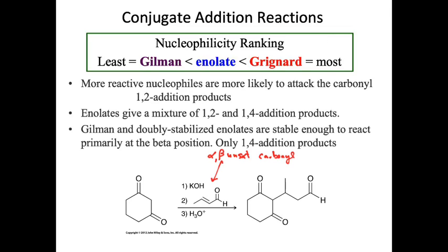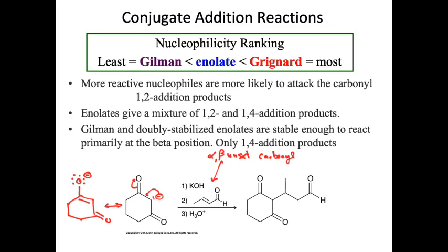Very first thing we throw at it is base. What's it going to do? Pull off an acidic hydrogen to make that nucleophile, which is stable because of resonance. What did I just say do not form? An enolate. What did we just form? An enolate. God, what the frick, Mike?